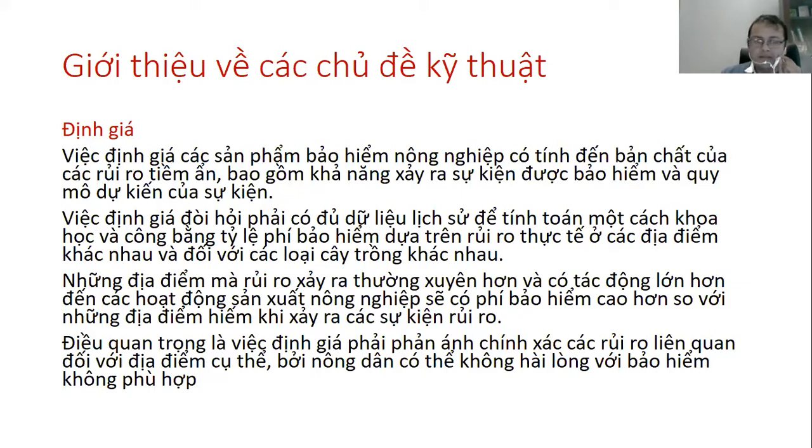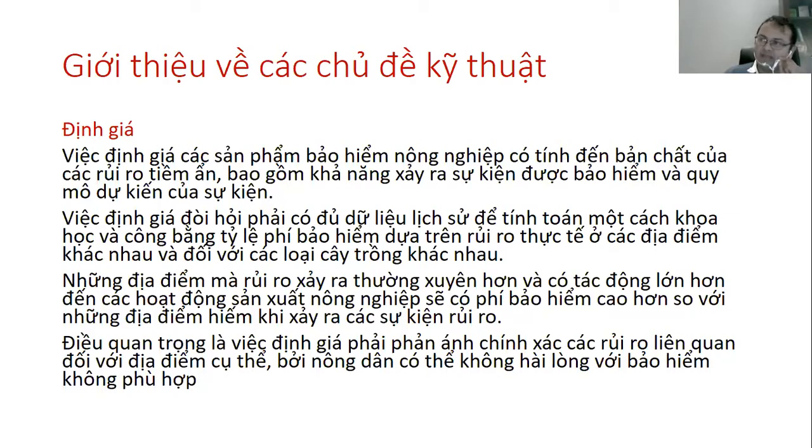So the pricing basically requires sufficient historical data in order to be able to estimate scientifically and fairly, in order to calculate the premium rates based on the actual risk in different locations and for different crops. So essentially, let's give an example.